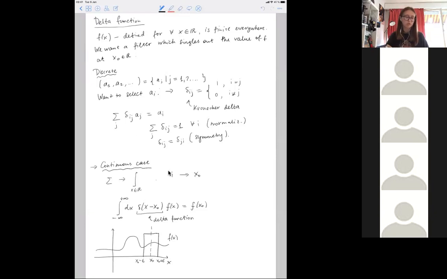For now, we just choose this particular epsilon, and we integrate the function f over this window. So this window function, let's call it w of x, would be 1 over 2 epsilon if x is between x0 minus epsilon and x0 plus epsilon, and 0 otherwise.